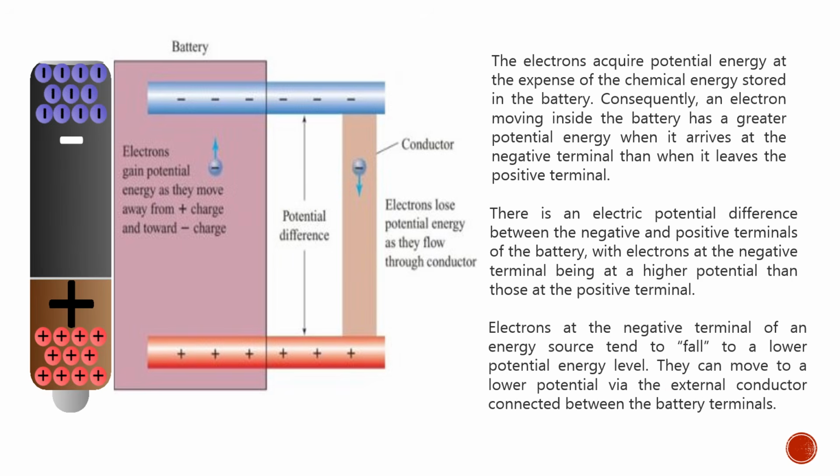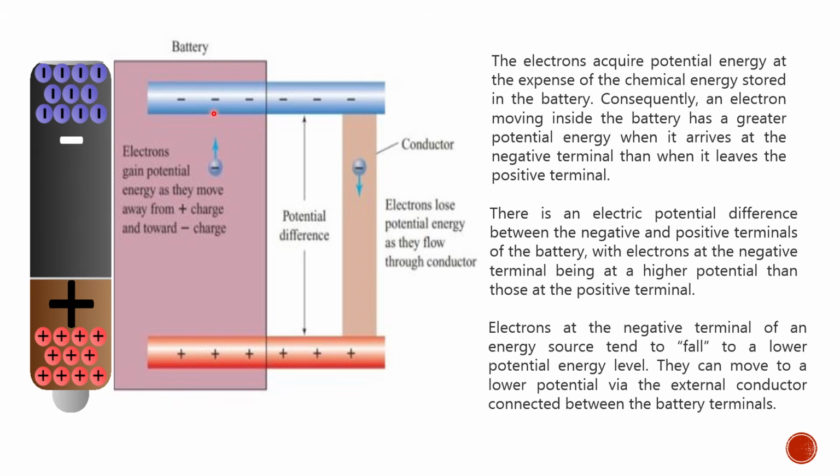So the electrons from the chemical energy are moving from the positive terminal to the negative terminal. This is the spontaneous flow of electrons since they are negative charges. This potential difference caused the electrons to spontaneously move from this part to this part.